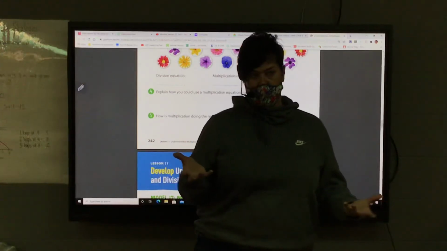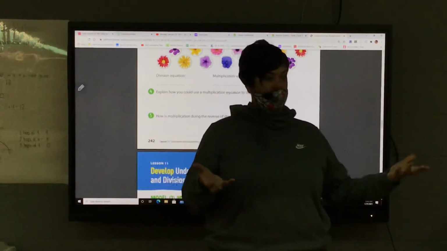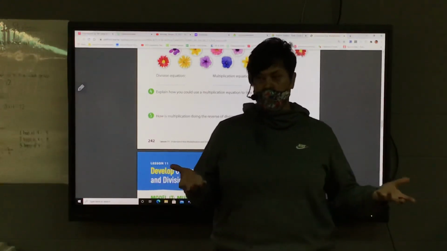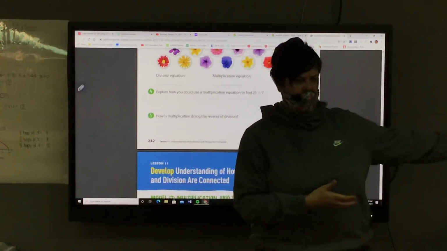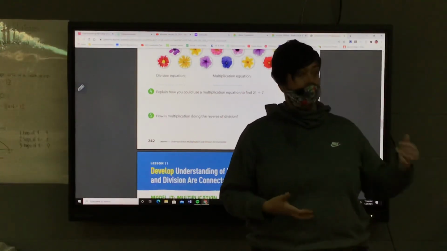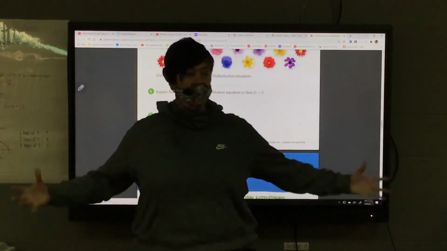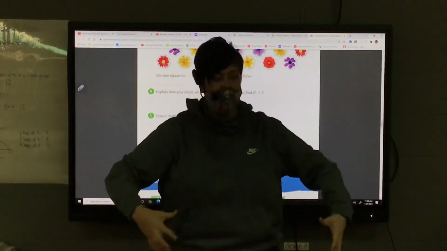Then how many are in each group. And then what do we have? Then we have the product. And the product in multiplication is how many there are in all.